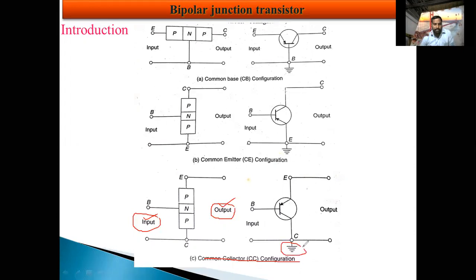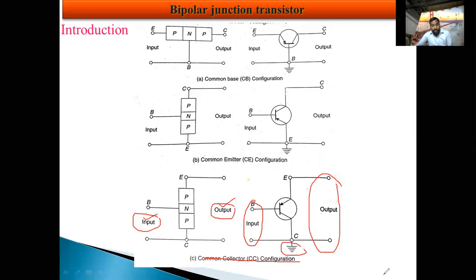The input is given across the base and collector, and the output is taken across the emitter and collector.